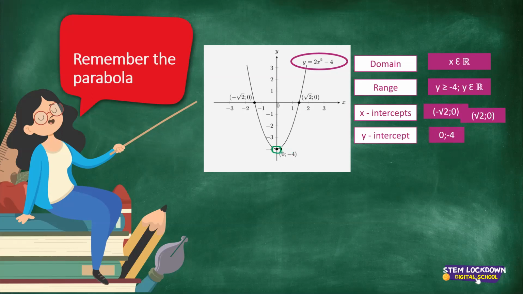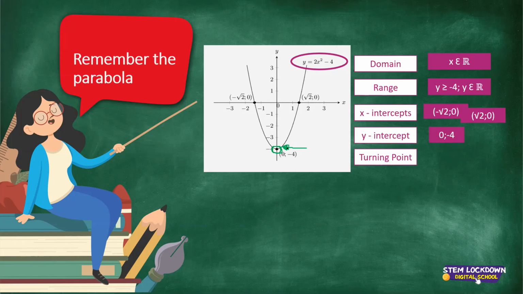Then, guys, is the turning point. The turning point is the point at which the graph reaches its peak when it's a sad graph, and its trough when it's a happy graph. It's the point at which the graph reaches its maximum or minimum and then begins to go back in the direction that it came from.